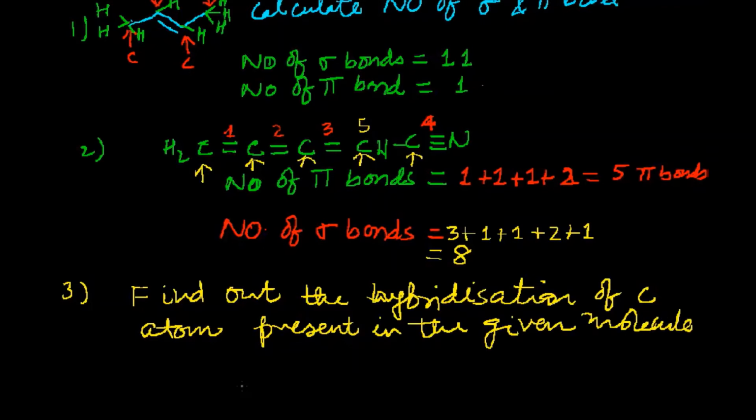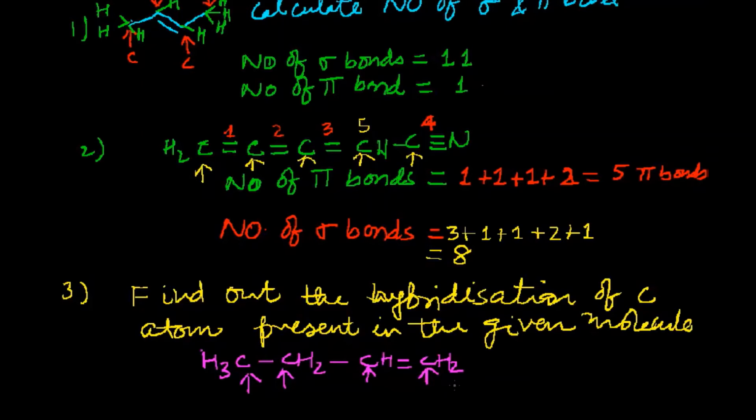And so here again we can see it is a CH3, so we can write CH3, then CH2, then CH double bond CH2. So what are the hybridization of these carbon atoms? This is again another challenging question that is frequently asked, and this is really very important to understand.